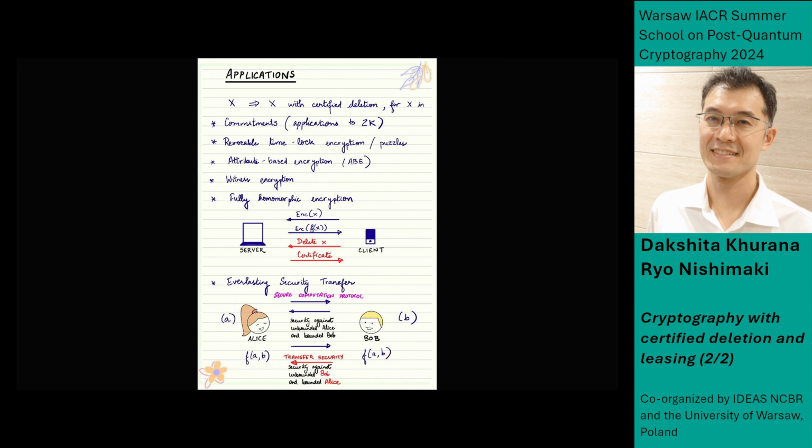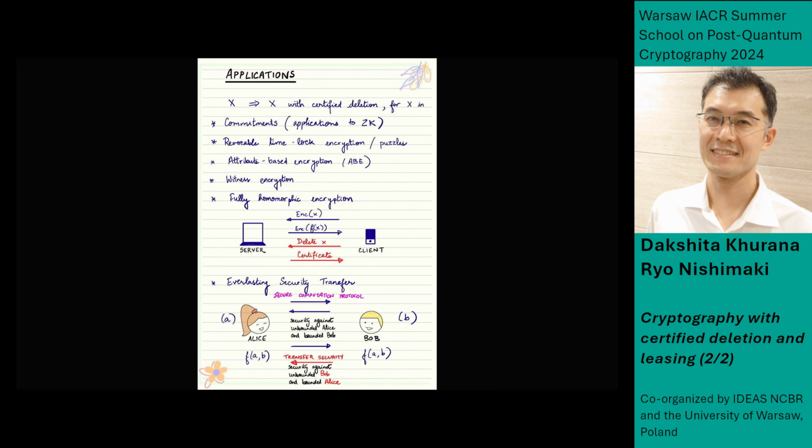In secure two-party computation, here are Alice and Bob. I call Alice the sender, and Bob the receiver. We can guarantee information theoretic security against unbounded Alice, meaning for Bob, security is information theoretic.